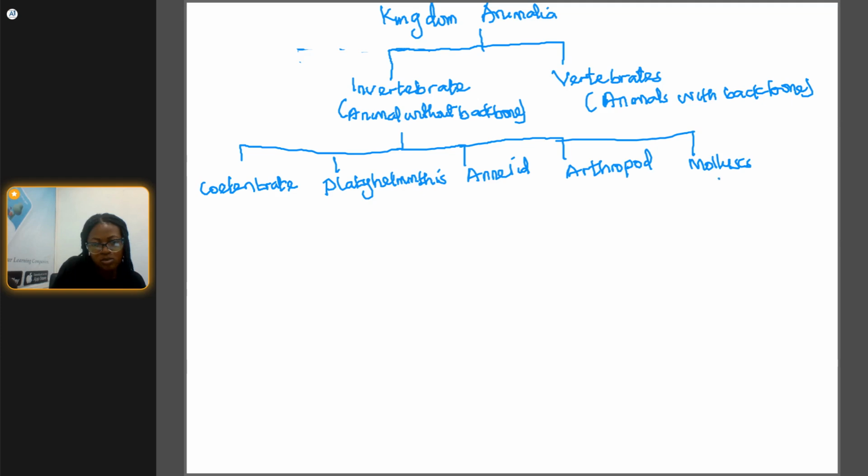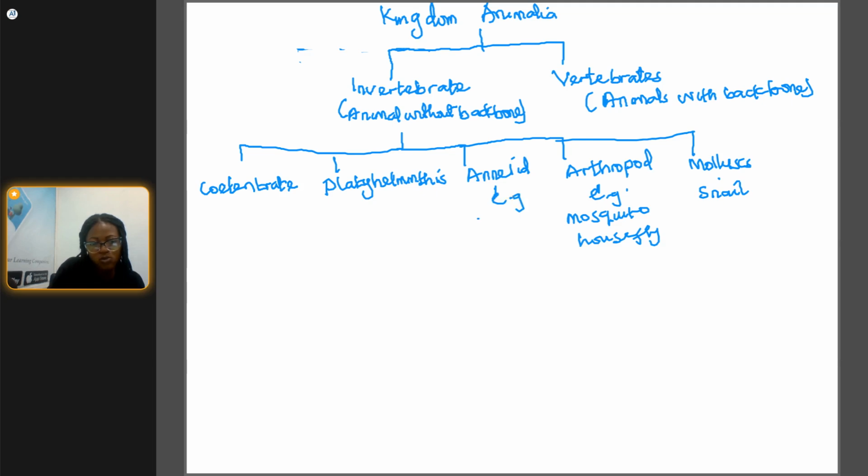An example under the mollusks is the snail. Examples under the arthropods are insects, such as the mosquito, the cockroach, and the housefly.